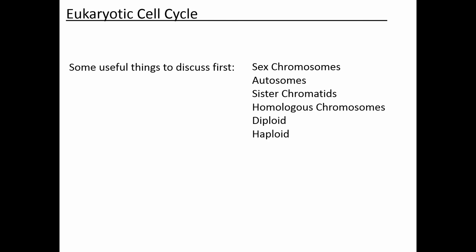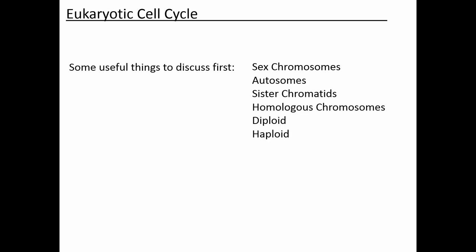One of the questions that they asked you in the lab last week is how are homologous chromosomes similar, and how are they different, because they're not identical to each other. They're similar because they carry the same set of genes. They're different from each other because they can carry different what are called alleles.